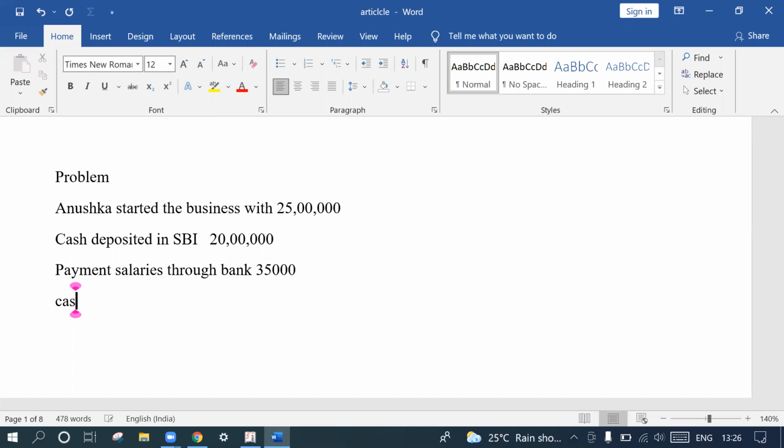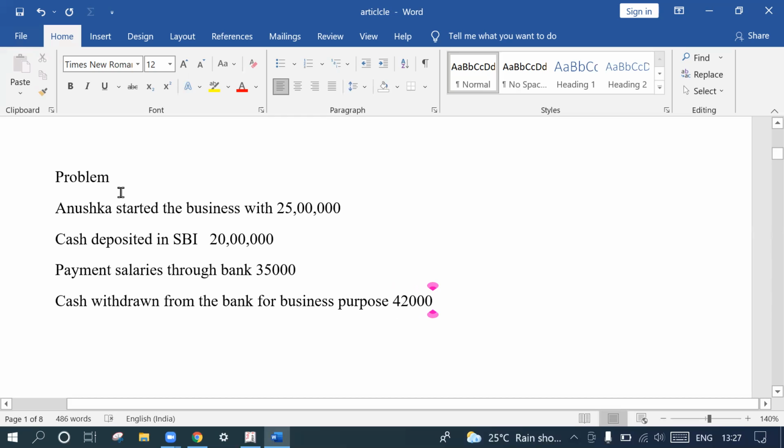Cash withdrawn from the bank for business purpose, rupees 42,000.